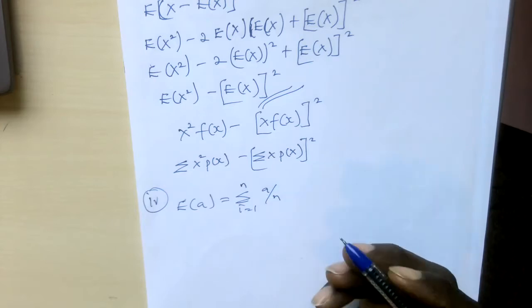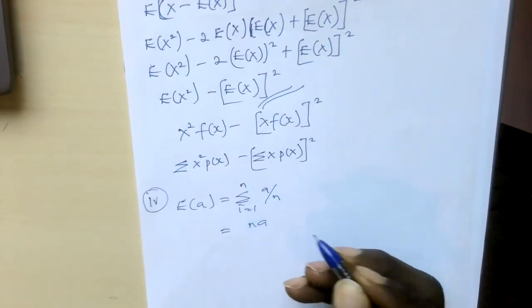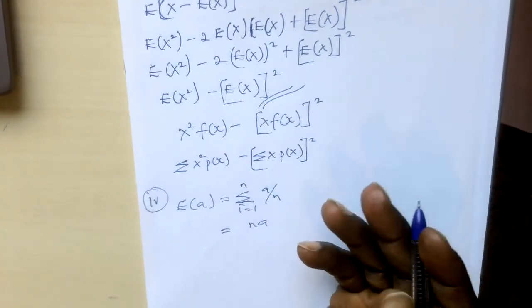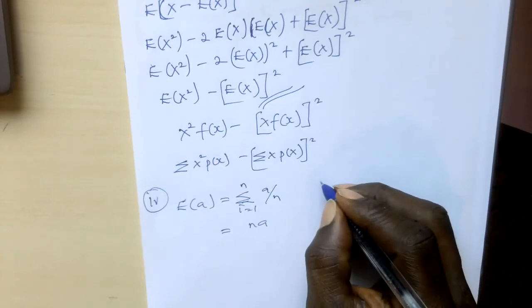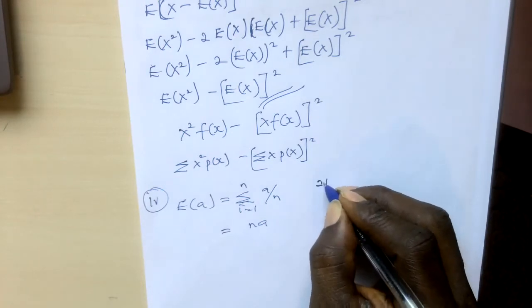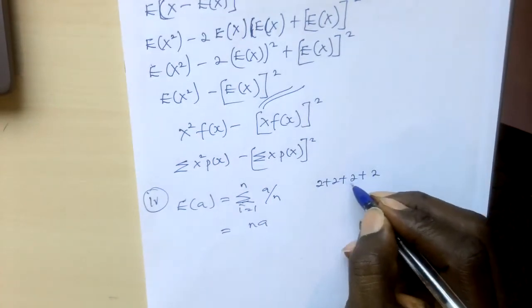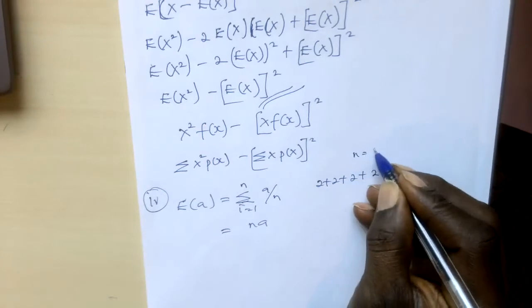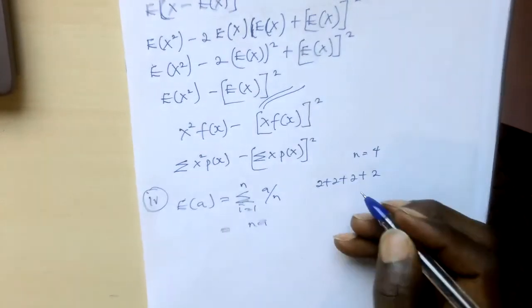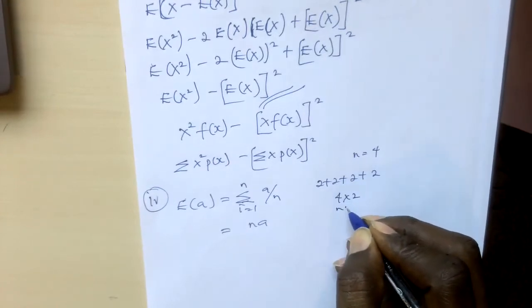If a is a constant, say you have 2 plus 2 plus 2 plus 2, our n is 4, so this is just 4 times 2, n times 2.